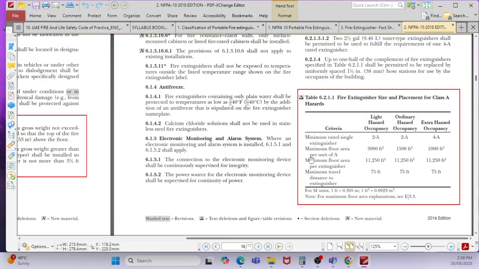The minimum floor area per unit of A: if you have a 2A, you can use up to 300 square feet. Every 300 square feet, you should have one extinguisher. The minimum travel distance to an extinguisher is 75 feet, suitable for light hazard for one extinguisher.